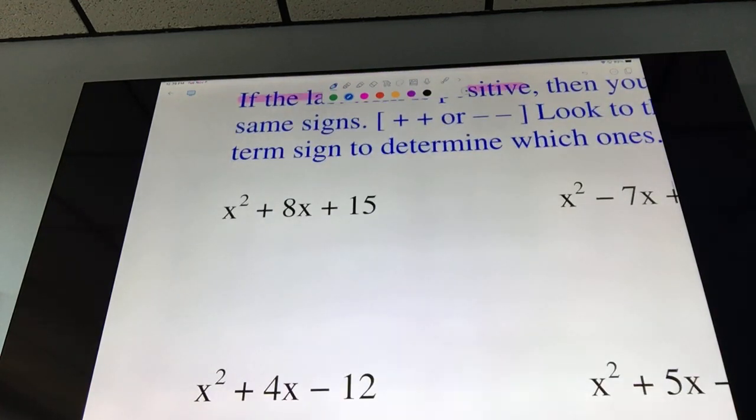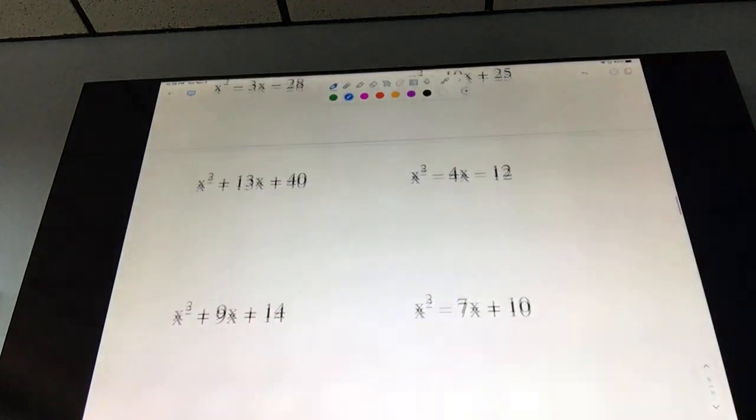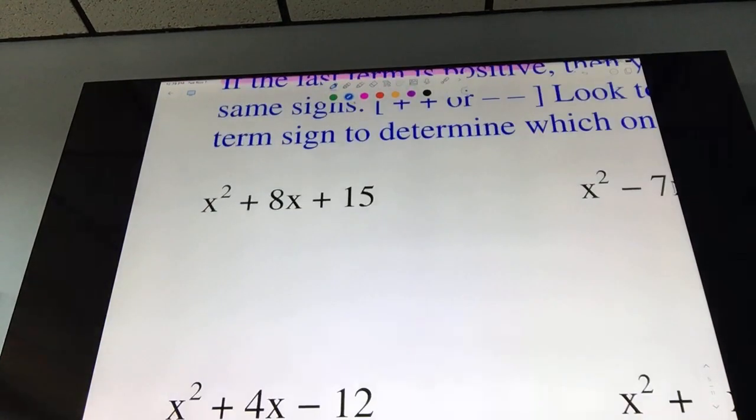All right, so question number 1. None of these are going to have common factors. They're just going to be straight up trinomials, three terms. So today in lesson 4.3, this first term is always going to be just x to the second power.